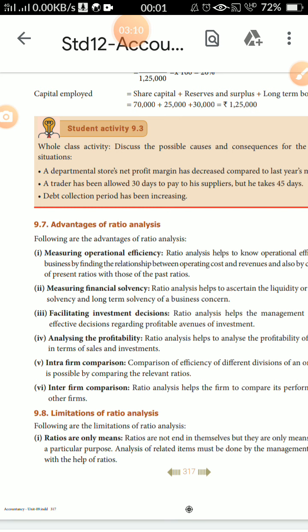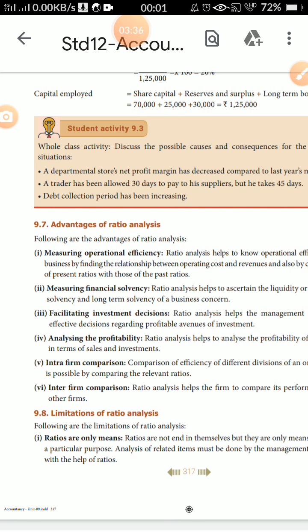The intra-firm comparison. Comparison of the efficiency of different divisions of the organization is possible by comparison of relevant ratios. It is easy to assess the competition level.